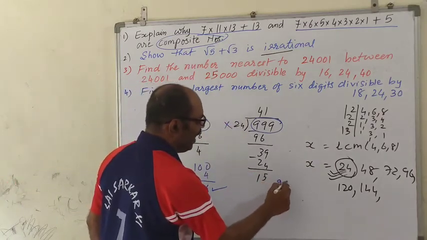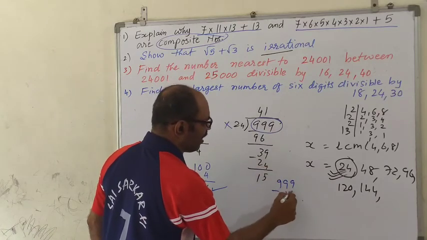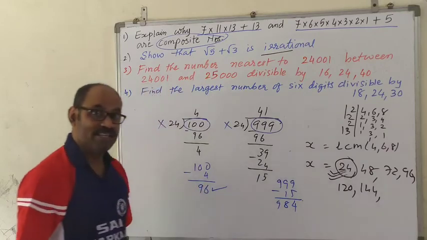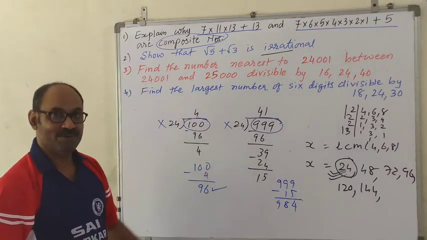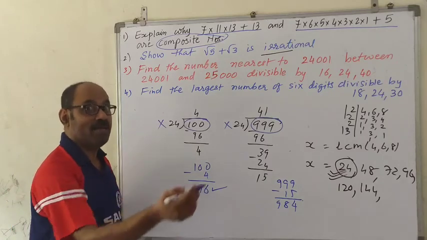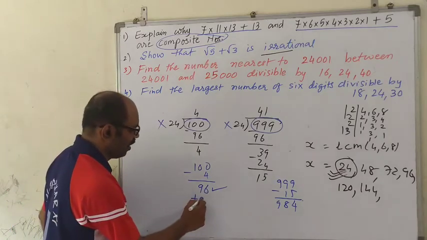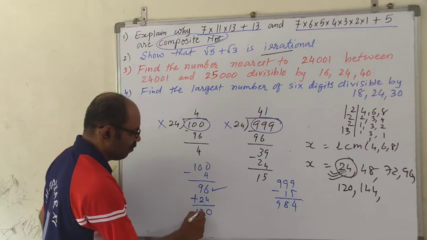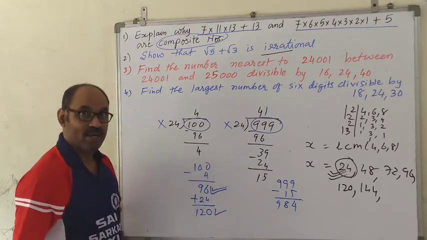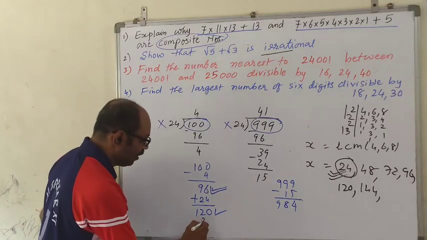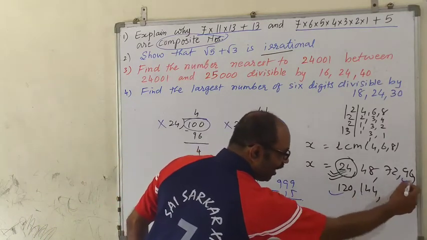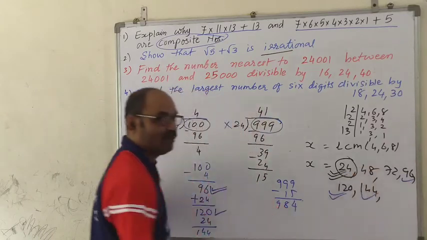Similarly, subtract this remainder 15 from 999, so 984 is a multiple of 24. To find the next multiple, add 24, so 120. 96 is a multiple, the next multiple is 120. To find the next, add 24, so that is 144. See, 120 came after 96, and 144 after 120.